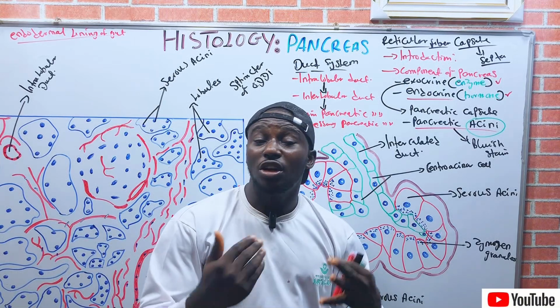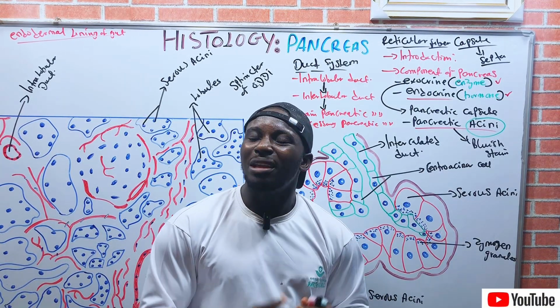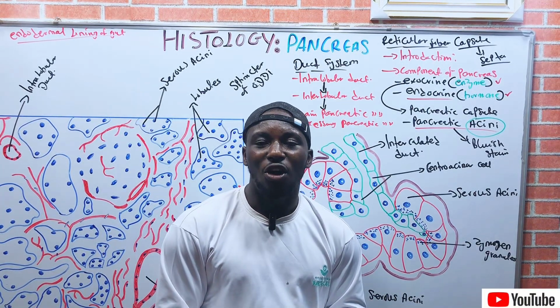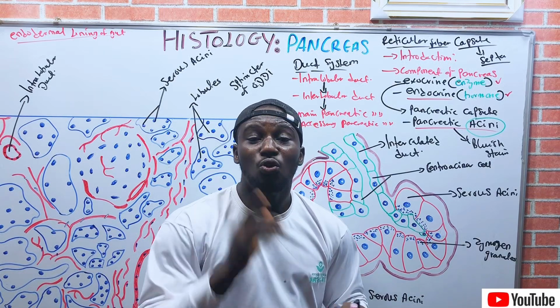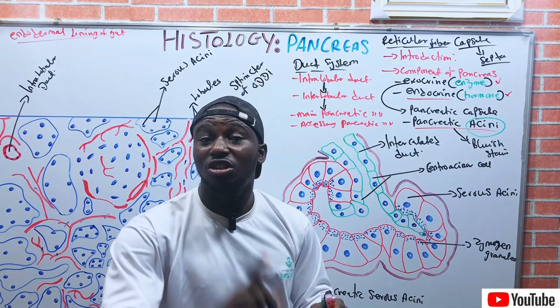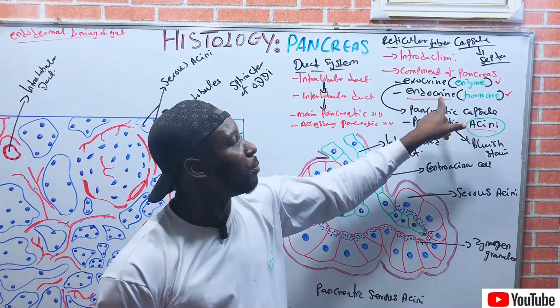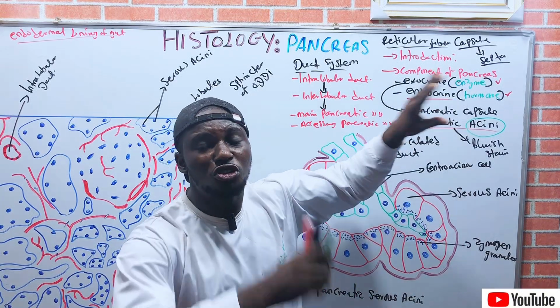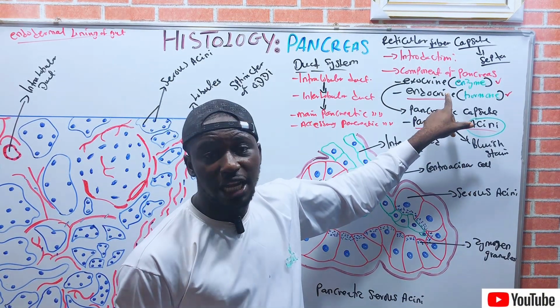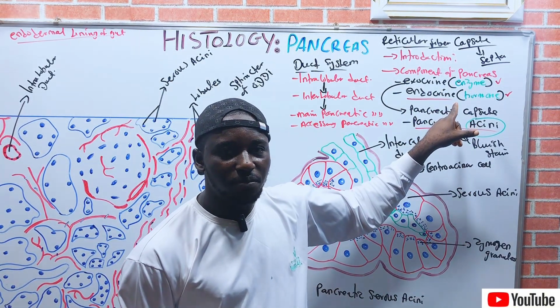These rounded collections of cells are called the pancreatic islets, or the islets of Langerhans, which are the major structures concerned with hormonal production in the pancreas, constituting the endocrine component, right?